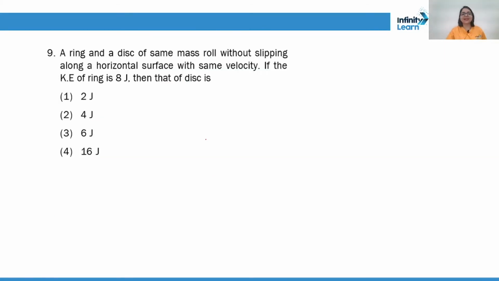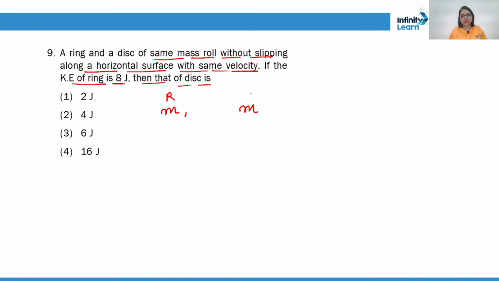Question number 9. A ring and a disc of same mass roll without slipping along a horizontal surface with the same velocity. If the kinetic energy of the ring is 8 joule, then that of the disc is. So basically, we have a ring of mass m and another object, a disc of mass m.